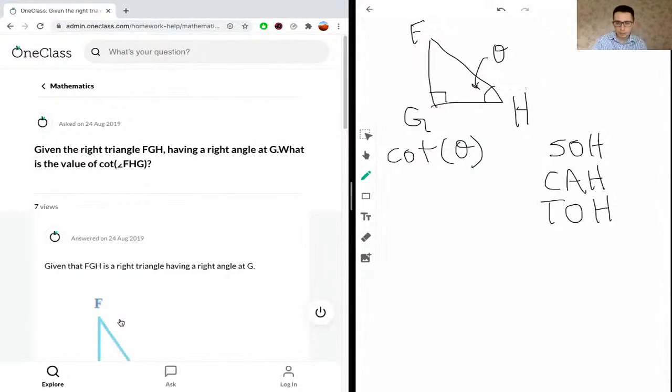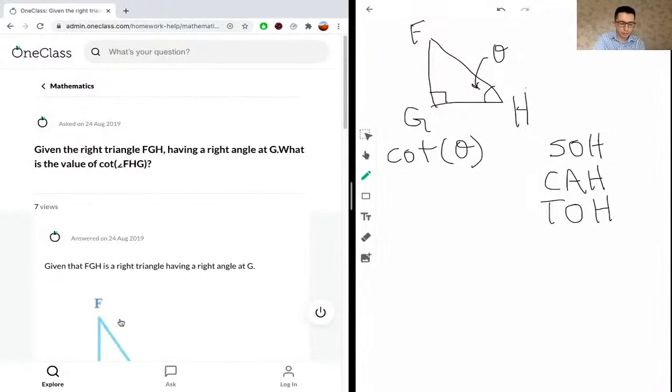It's just a mnemonic that tells you sine theta will equal opposite over the hypotenuse. So if we look at this diagram for the angle theta, the opposite would be GF divided by the hypotenuse HF.